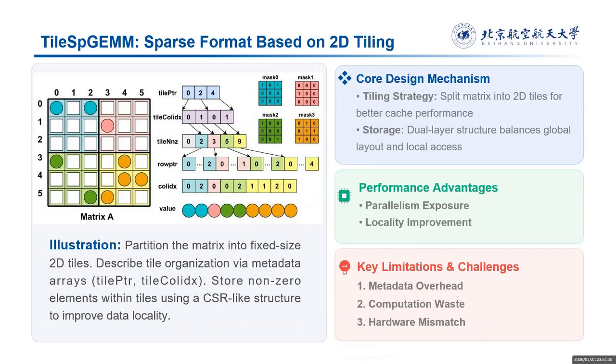Many tiles may still have low density, so even inside a tile, many computations may still involve zeros. Also, TileSpGEMM is mainly designed for CUDA cores. It does not fully match the dense block computation model of tensor cores. So the main problem is that existing formats are either compact but irregular, or block-based but still not suitable for tensor cores.